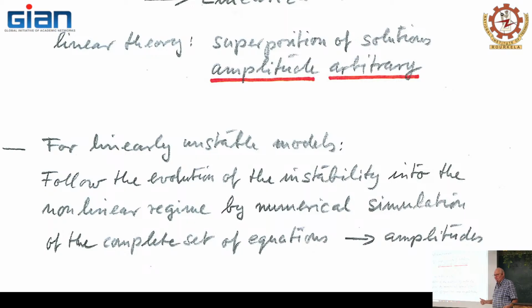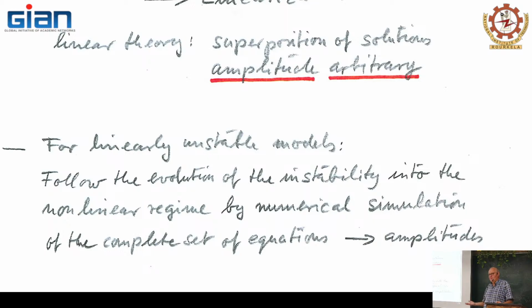Okay, so the strategy falls into 3 steps. Construct a hydrostatic stellar model, do a linear stability analysis, and the third one, once you have an unstable model, follow the evolution of the instability into the nonlinear regime and determine amplitudes.